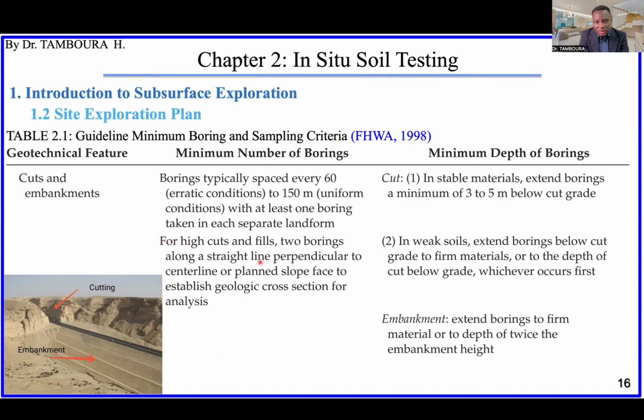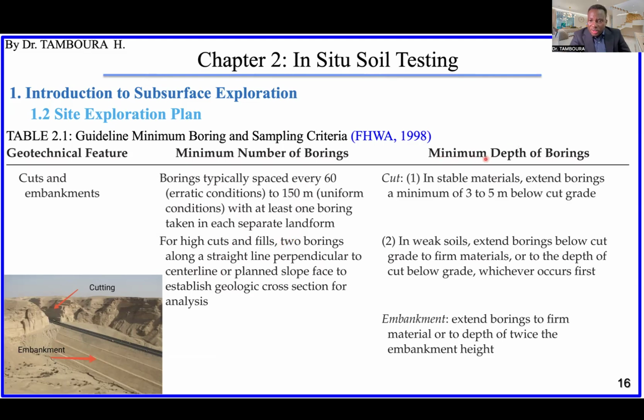So for this kind of high cut and fill, two borings along a straight line perpendicular to the center line or planned slope face to establish a geological cross section for the analysis. So you need maybe one here and one here, a cross section, perpendicular to the axis of the road for this kind of high cuttings and fillings. This is what is said about the number of borings.